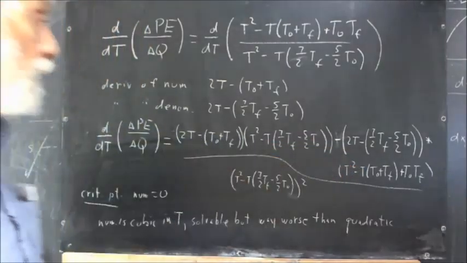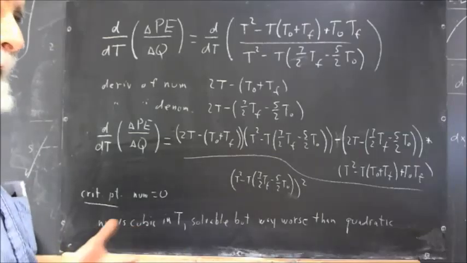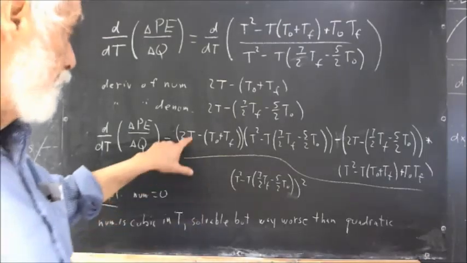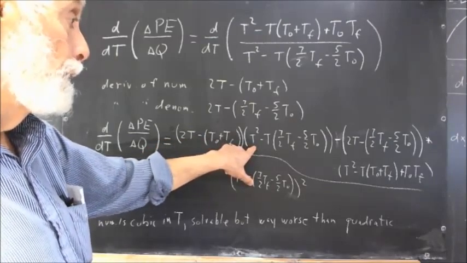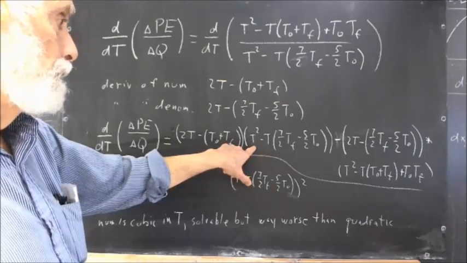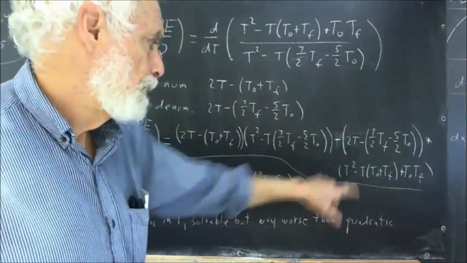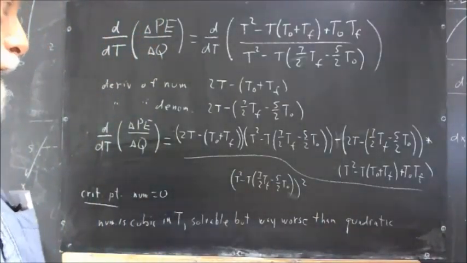So the numerator, setting it equal to 0, well, we were kind of hoping it might be quadratic so that we could use a quadratic formula to solve it, and it turns out it's cubic. You can see that from the fact that right here you have a t multiplied by t squared, and over here you have a t multiplied by t squared, but that divides out.